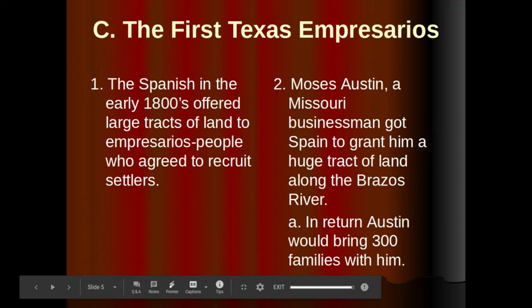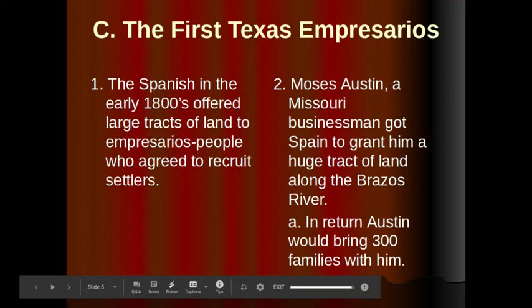And they wanted them to come as citizens to Mexico. So these empresarios were people who agreed to recruit settlers. They were trying to bring or pull people into Texas and grow their population numbers. But we're going to have to make a couple lifestyle changes, which we'll look at in the next couple slides. So let's look at the key people that were involved in that.